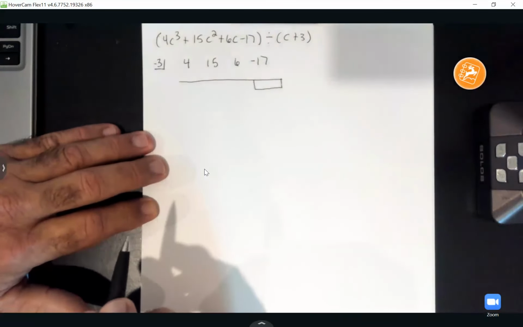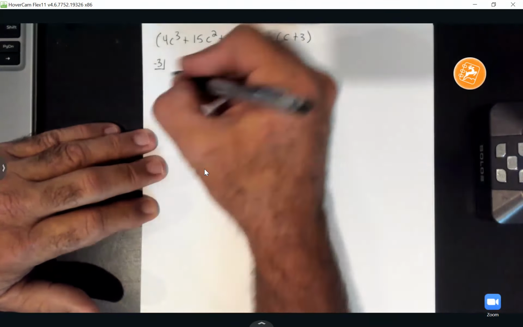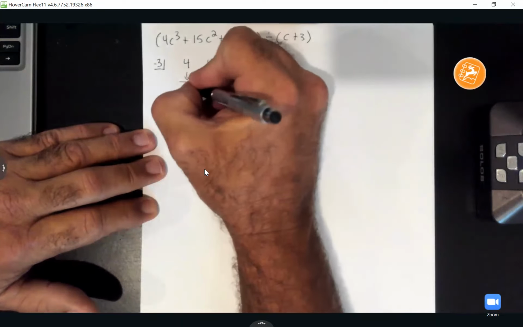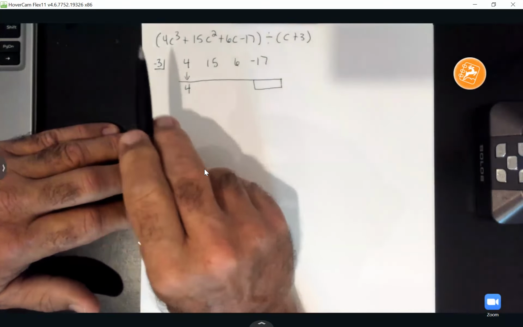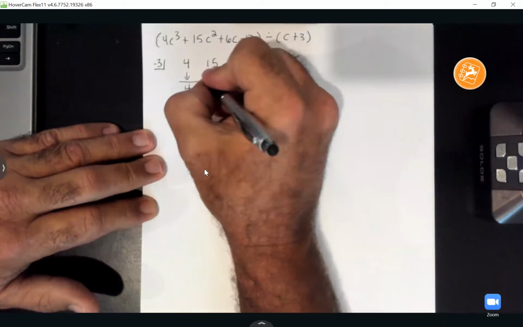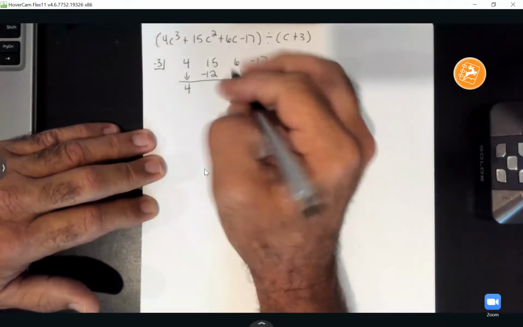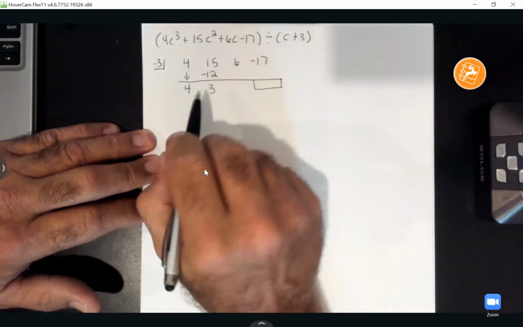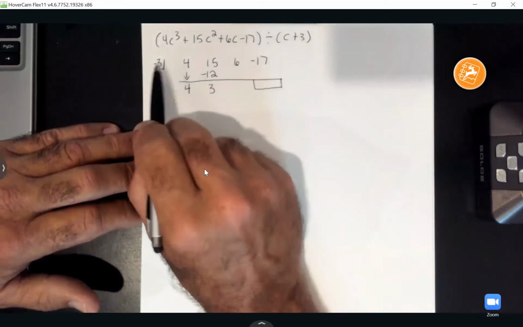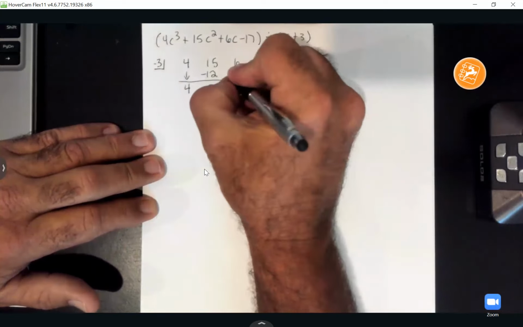All righty. So here we go. We're bringing our 4 down. 4 times negative 3 is a negative 12. 15 minus 12 gives me 3. Now 3 times negative 3 is a negative 9.